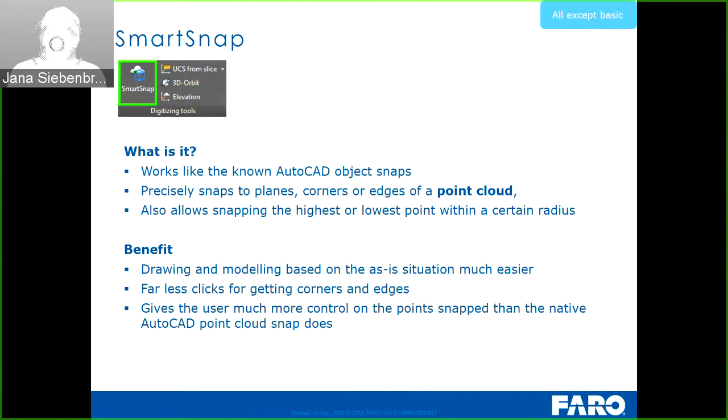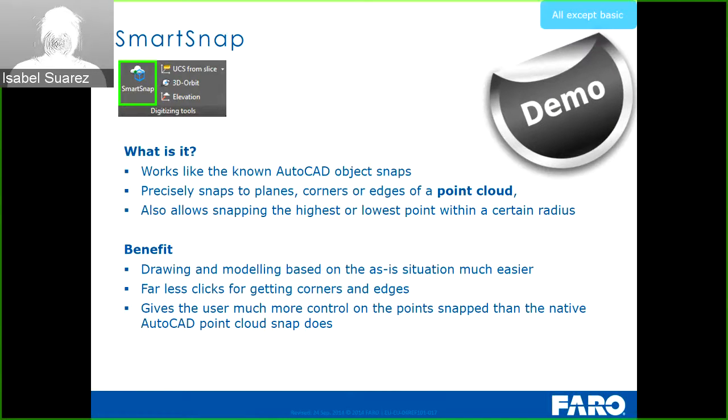This new Smart Snap tool also gives the user much more control over the points that are snapped than the native AutoCAD point cloud snap does. Native AutoCAD also offers some point cloud snaps for snapping to planes or edges, but you never have control over which points exactly are snapped and what their accuracy is. It's nice to have this extra visualization that shows you where the selected point is before you accept it as a point that you want to use.